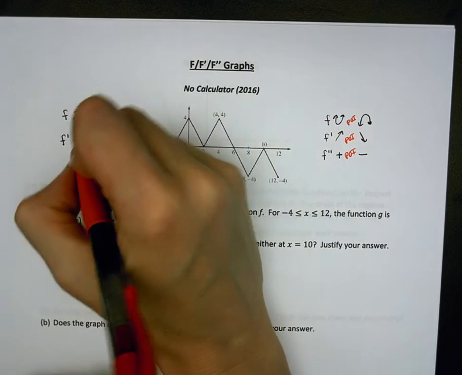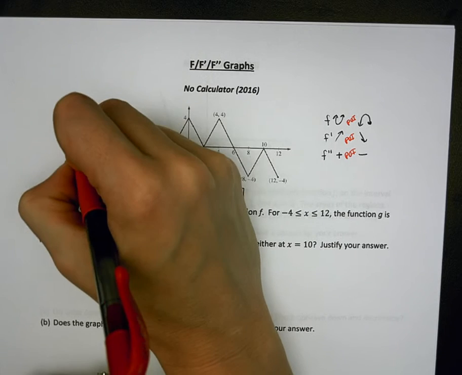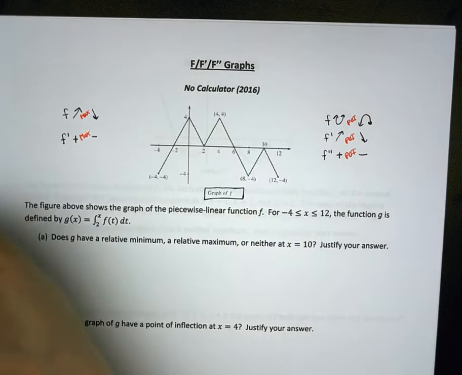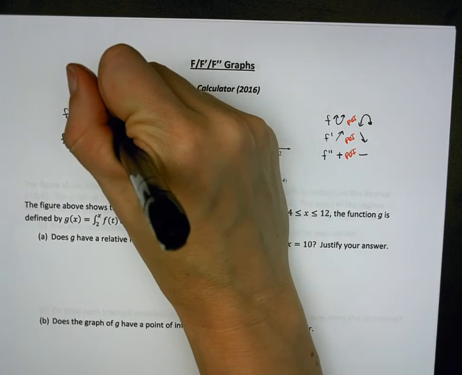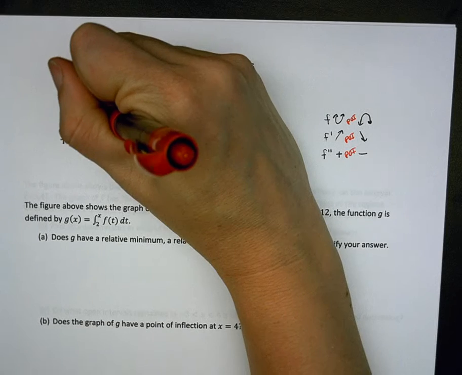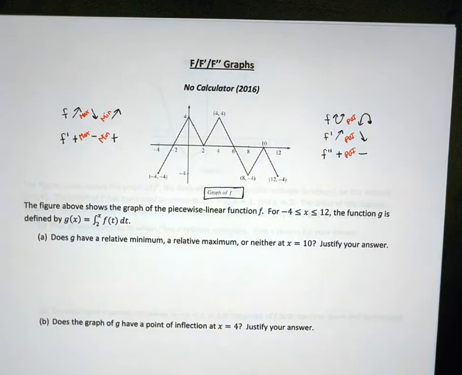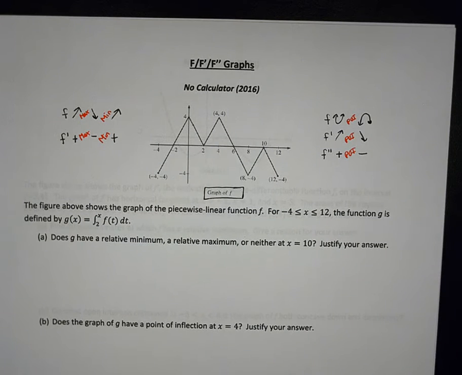And so a change from positive to negative would be the location of a relative max. Vice versa for a change from negative to positive for a relative min. Right? And so again, you want to be very careful about taking note of specifically what graph we are looking at here. This is a graph of F.